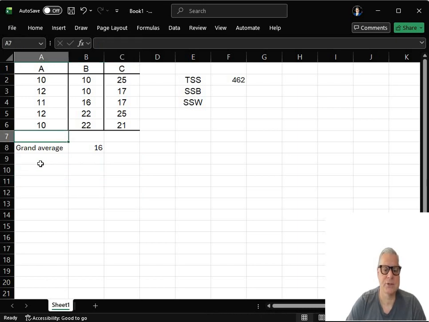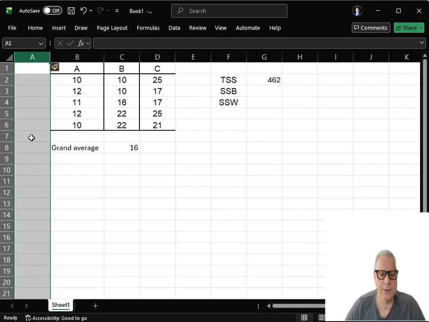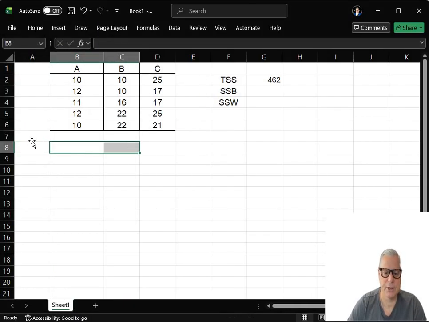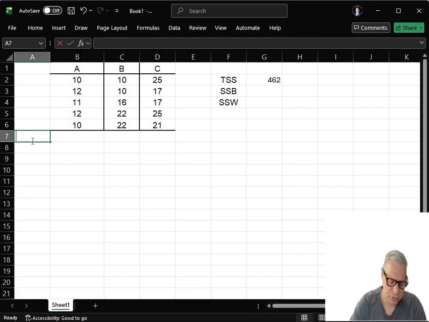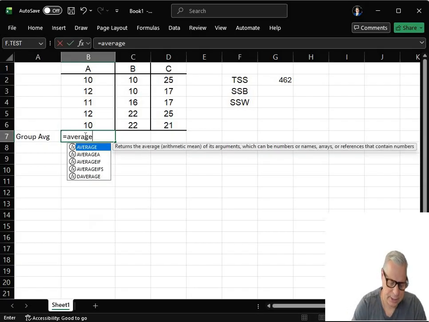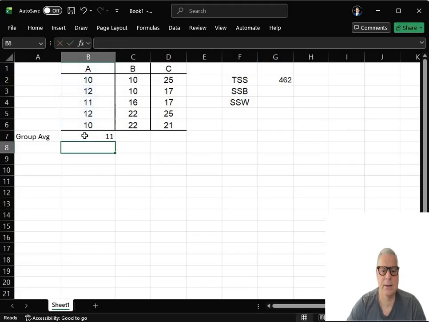Okay, so next let's calculate for each group the group average. And we don't need the grand average anymore. So group average, and that is equal to the average of all the observations in A. Okay, that's 11.